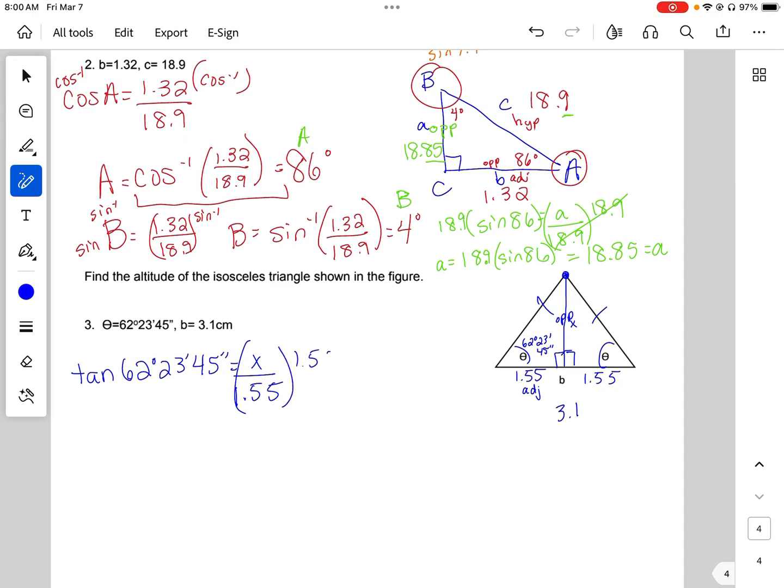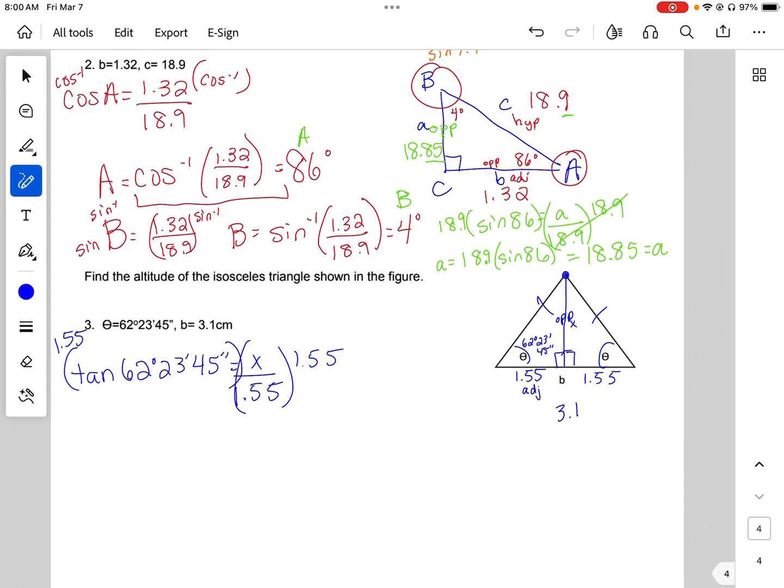Okay, we want to solve this, so we're going to multiply both sides by 1.55. Okay, so we'll put that in the calculator. 1.55 times tan 62. You got to go to, in your calculator, the angle.